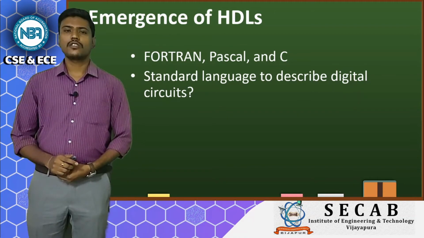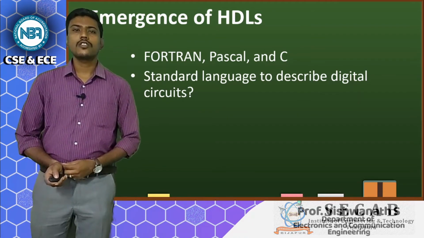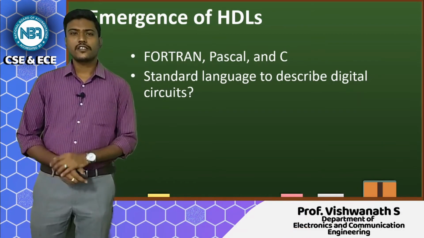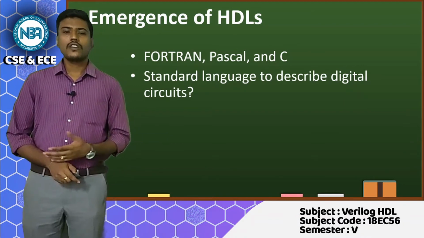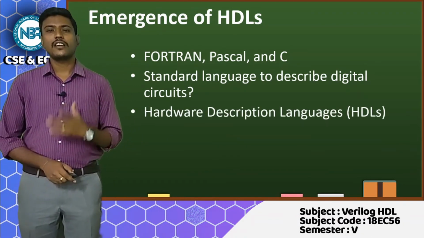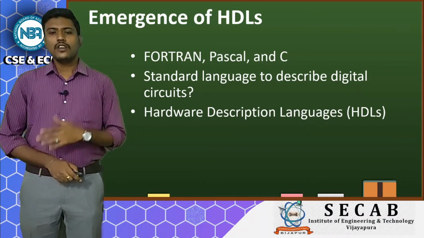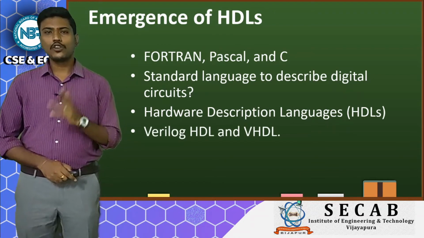The designers felt we need some standard in order to design digital circuits, and so to define their own language, they named it hardware description languages. When it comes to hardware description languages, there are basically two types.